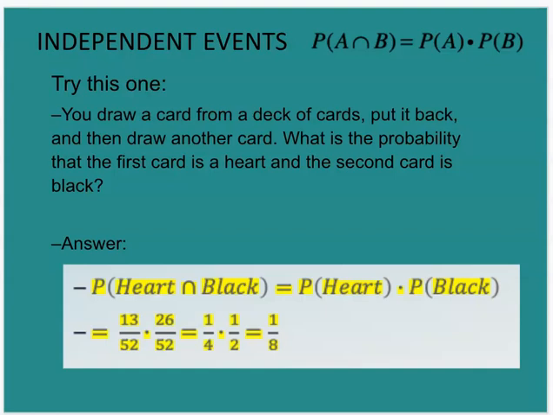It's easiest if you simplify those first before you multiply them. So 1/4 times 1/2 would be 1/8. So the probability that the first card is a heart and the second card is black is 1/8. You could look at that in a tree diagram as well if you chose to.